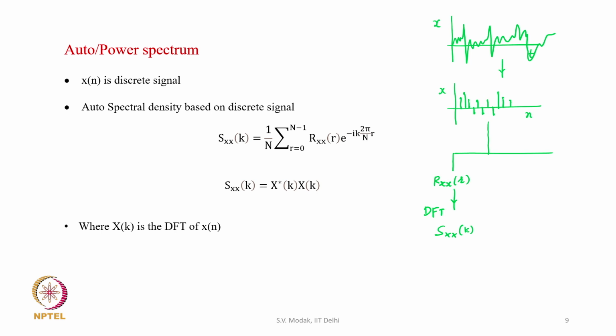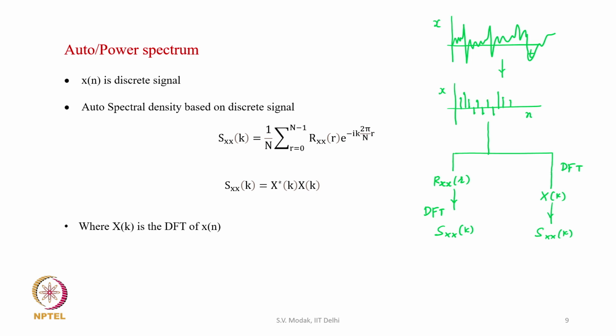which is the DFT of the autocorrelation function. But the other way to obtain the auto spectrum is that, instead of finding the autocorrelation function first and then finding its DFT, we can directly find the DFT of the sample signal, which gives us Xk. Then we can find Sxxk directly from Xk, which is given by the complex conjugate of Xk multiplied by Xk.